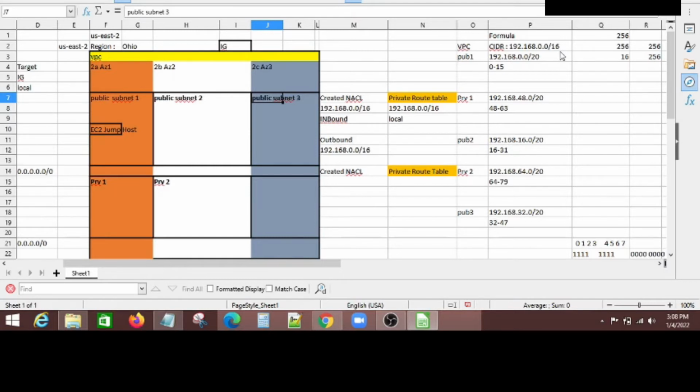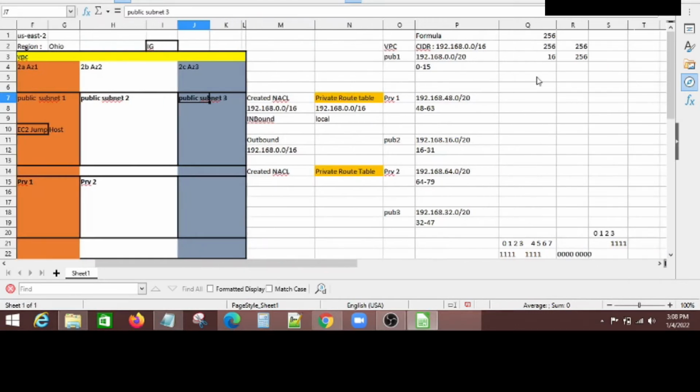So /16 means, for example, there are 4 octets here. For the 4 octets, the last 2 octets are 8 bits and 8 bits.